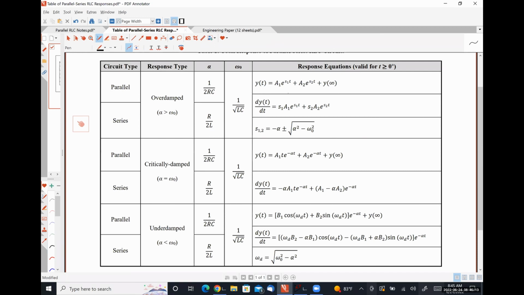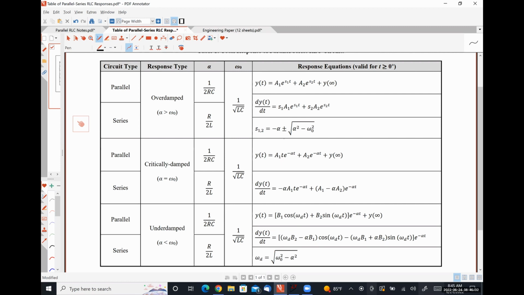And then we have our generic expression for our overdamped response, our derivative-based relationship for our overdamped response, and then our mathematical definition for s1 and s2 in terms of alpha and omega naught. And that effectively repeats for our critically damped case and our underdamped case.